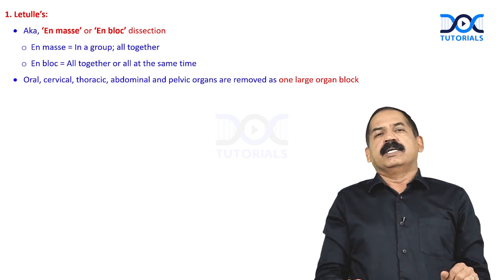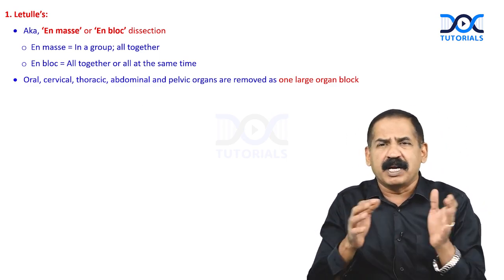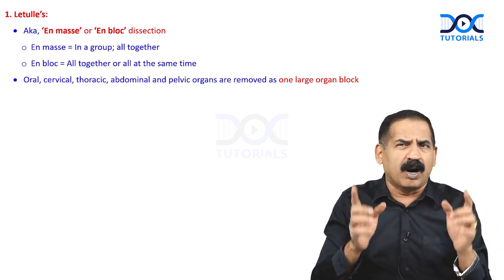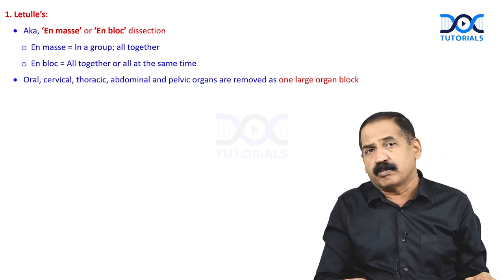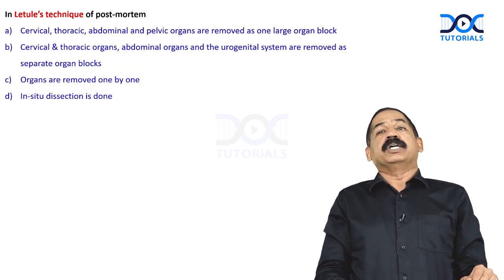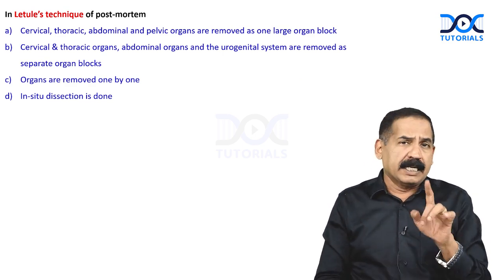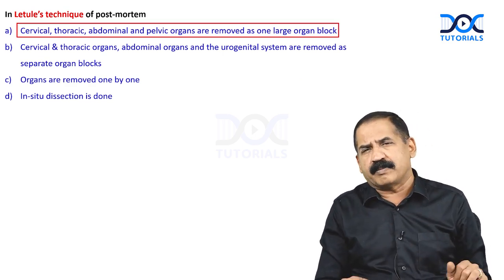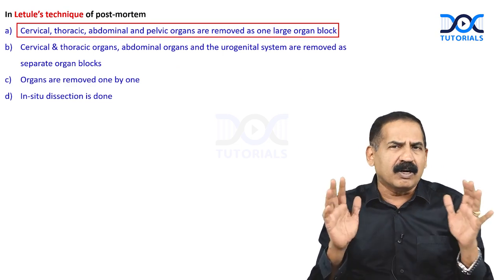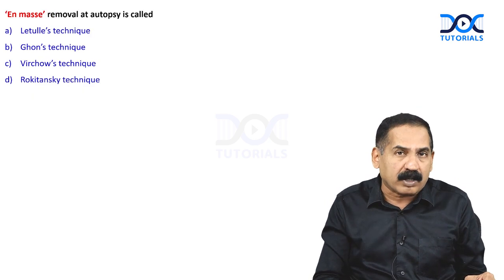Here, as I mentioned, oral, cervical, thoracic, abdominal and pelvic organs are removed as one large organ block, and it is commonly done in medical colleges to teach students. Look at this question. In lettuce technique of postmortem, all the organs are removed as a large single block.